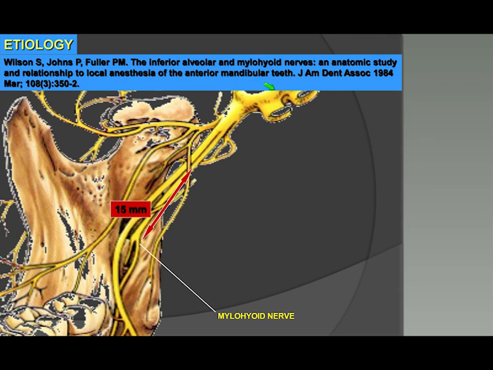If you look at some of the research that was done back in the 80s, these were cadaver studies, this mylohyoid nerve can branch off quite high, and it could actually branch off higher than where we give our anesthesia for the mandibular block.